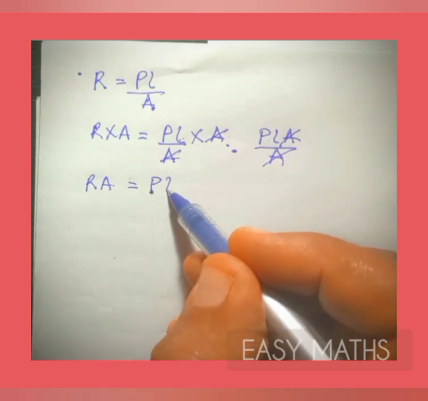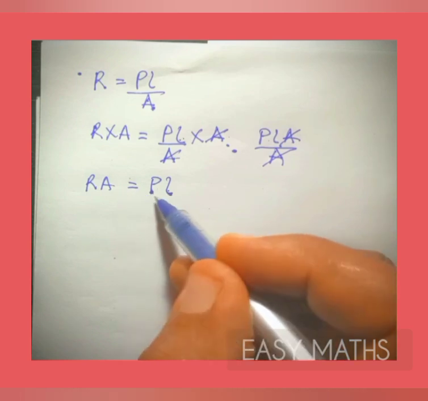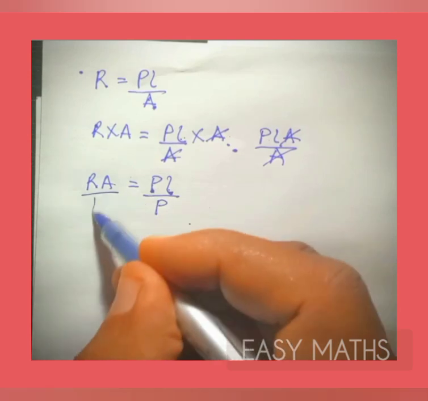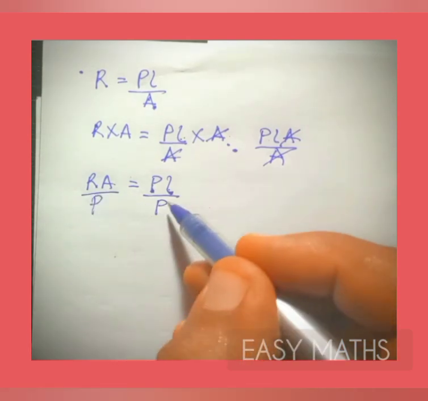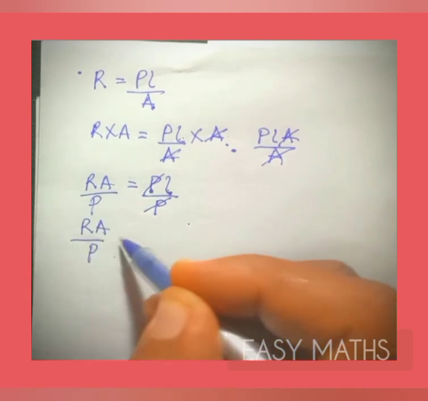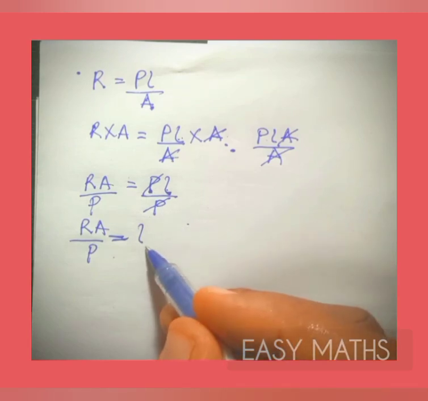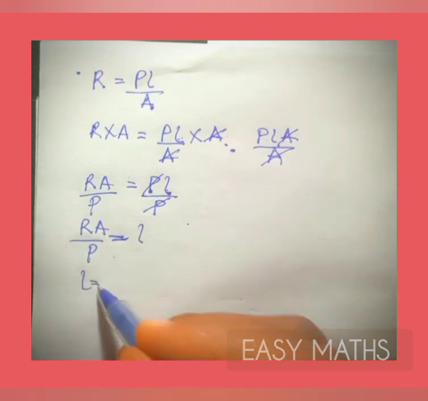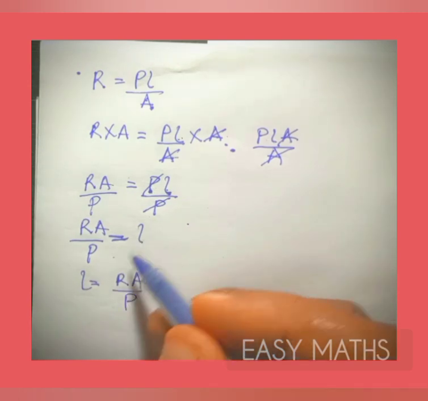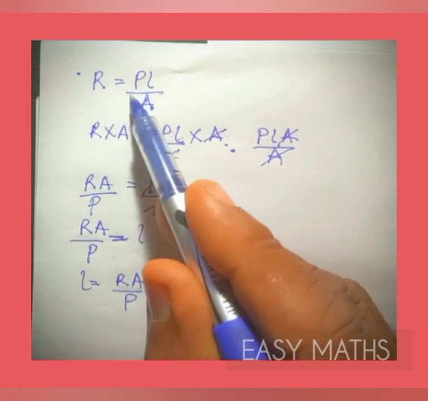P is multiplying L, so we apply the inverse operation, which is division. We divide both sides by P, so we have RA over P equals to L. This can be rewritten as L equals to RA over P. So we have been able to make L the subject of formula for this equation.